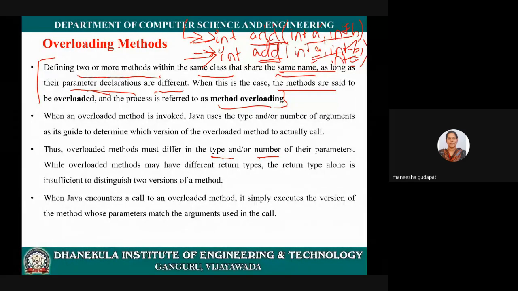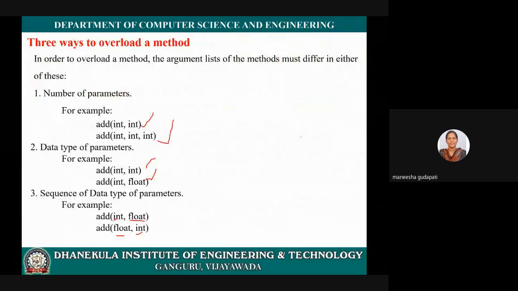You can also differentiate based on return type, but it is not that convenient for your compiler. So basically the compiler will at most check the type of arguments, number of arguments and order of your arguments. Let's see some examples.